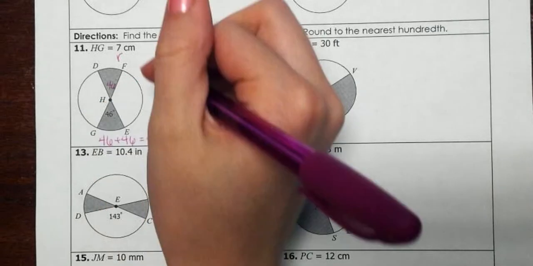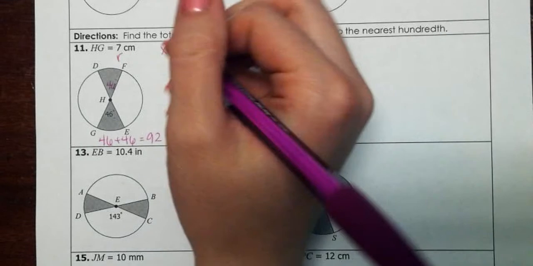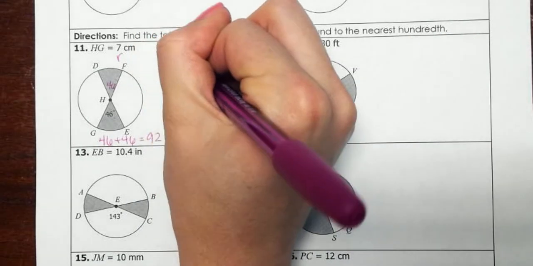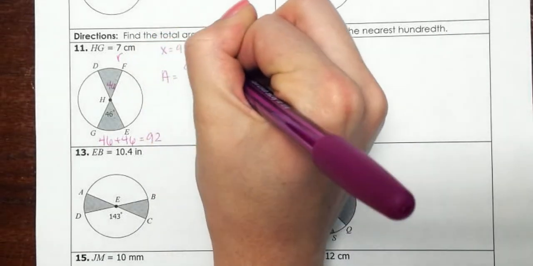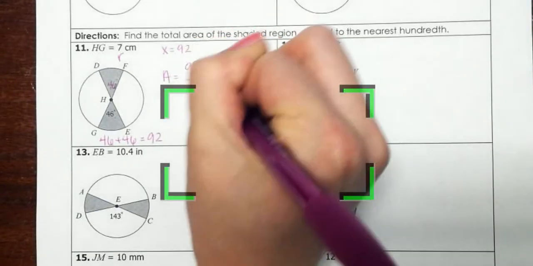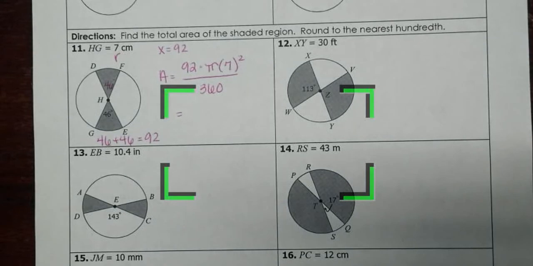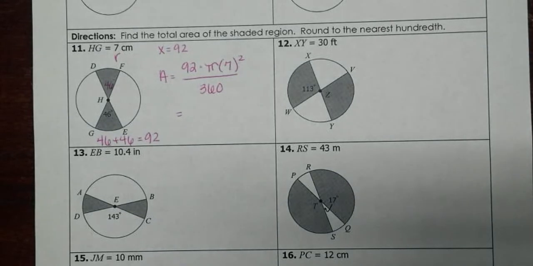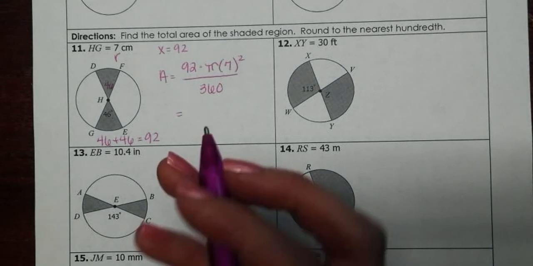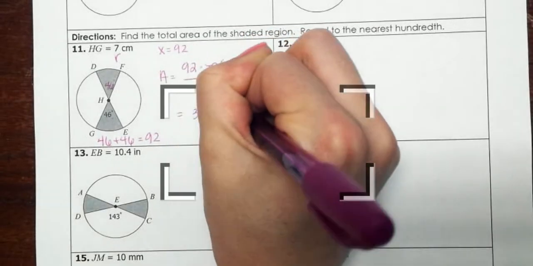So my x should be 92. And now I'm ready to plug in. So my area should be 92 times pi times 7 squared divided by 360. So not too much harder. So 92 times pi times 7 squared divided by 360. You should get 39.34 centimeters squared.